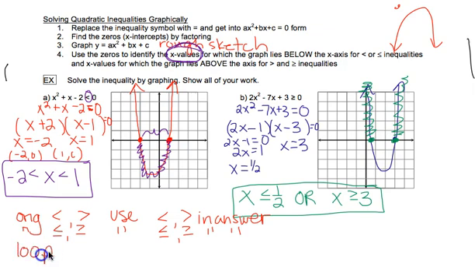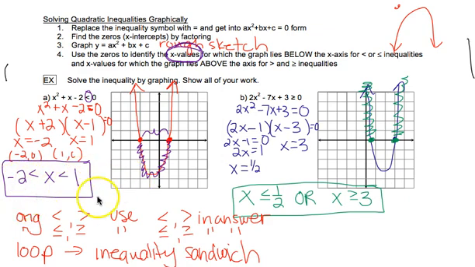If you squiggle a loop, that means your answer should be this kind of inequality sandwich, where we've sandwiched x between two other values.